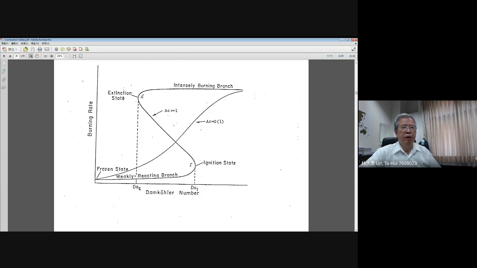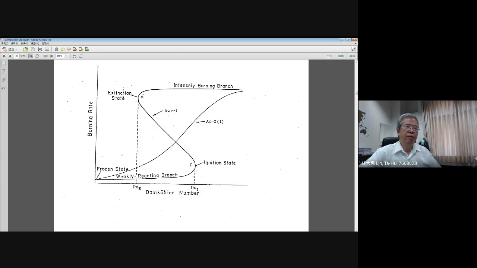At this point, the turning point of the lower branch represents the so-called ignition state. Ignition state means at this point the burning rate suddenly changes from a lower value to a very high value, and you can see this from experimental observation. Now you can see the flame exists here. Near the ignition state, you may see just the light from the spark, the electric spark, which is the supply coming from outside.